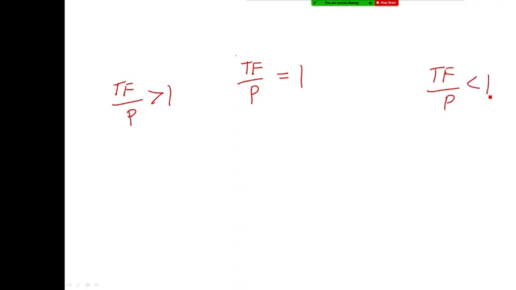Based on that, we had the TF/P ratio. Okay, there are three possibilities: equal to 1, greater than 1, lesser than 1. So if you look at it, majority of substances when they are filtered are isoosmotic, right?